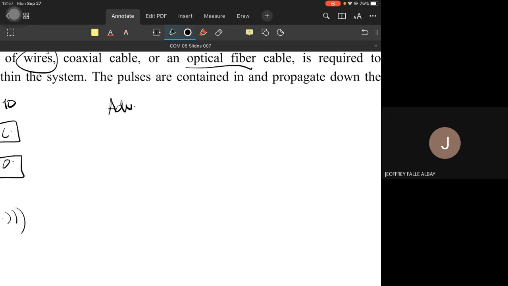There are various, and I think we have covered all of these before. But a few specifics, especially for digital transmission, are noise immunity, because we're only dealing with ones and zeros, it's almost impossible for noise to come in. Number two, there's no need for amplification.